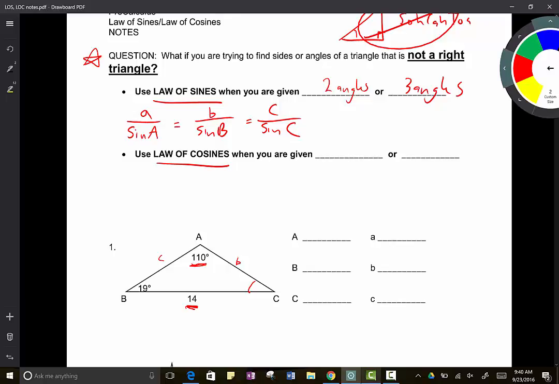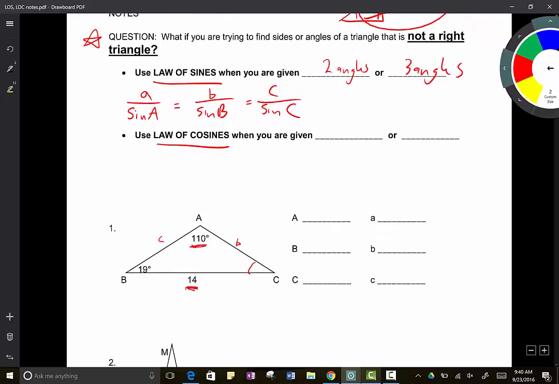Here's how it works. Since we have angle A and side A, I can use those two to make a ratio. Side A over the sine of angle A should be equal to side B, which we do not know, over the sine of angle B, which we do know.